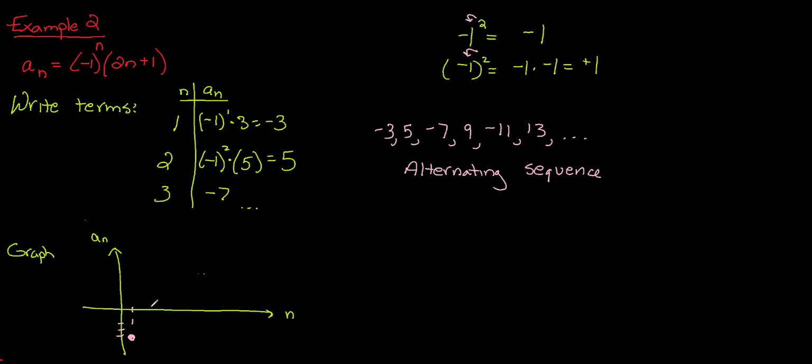When n is 2, the second term in my sequence has a value of 5. So I'm going to be up here at 5. When n is 3, I'm going to be way down here at -7. When n is 4, I'm going to be up here at 9. And I am just going to keep wiggling around until I run off my paper.